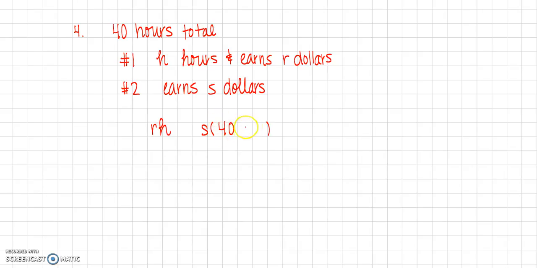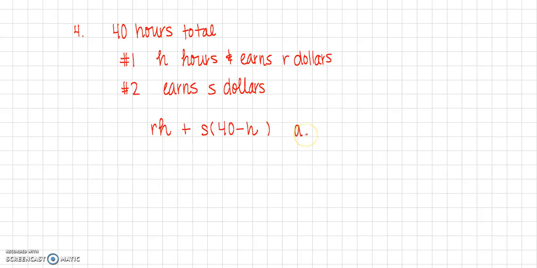So her second job is 40 hours minus whatever she works at the first job, which is H. If I take the first job and I add it to the second job, that's going to give me her total amount.